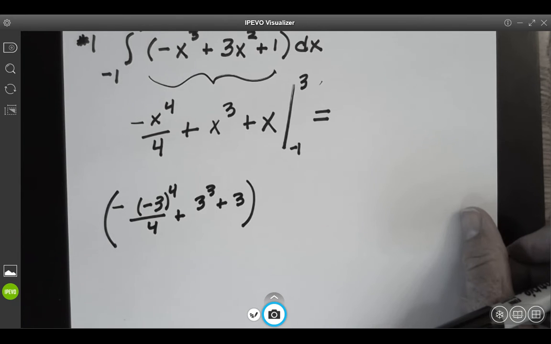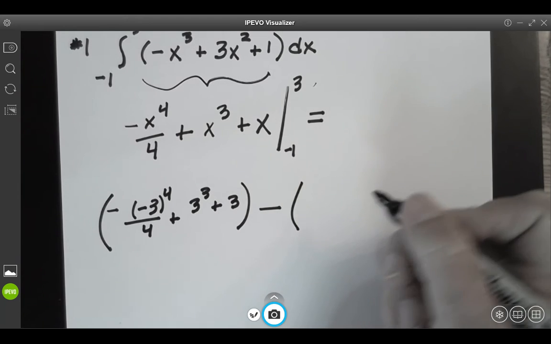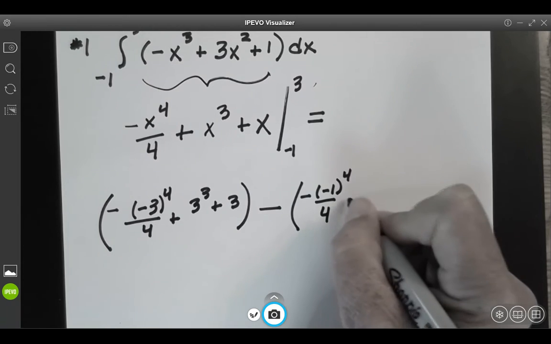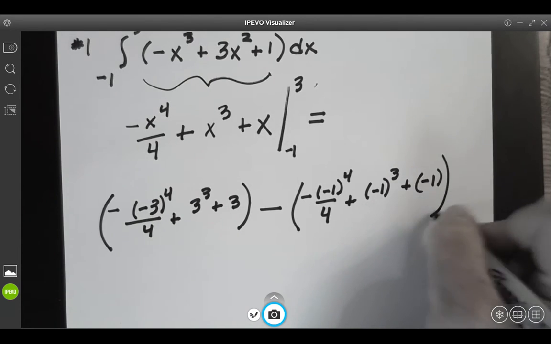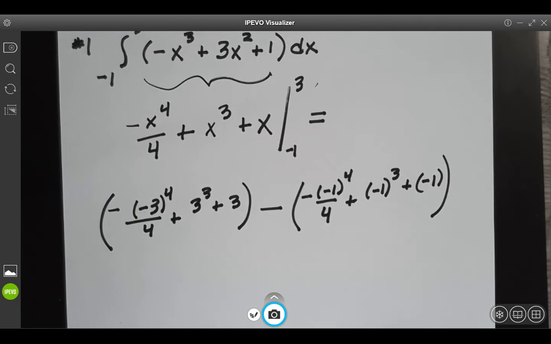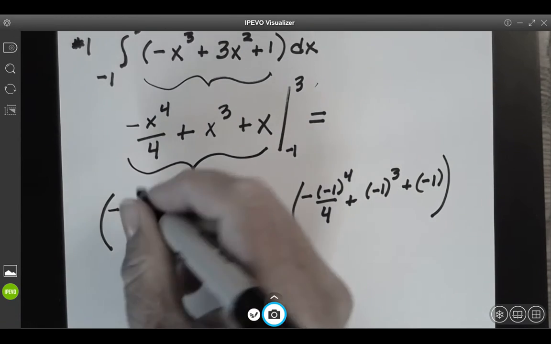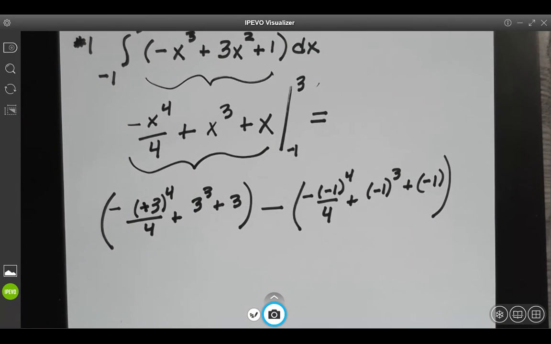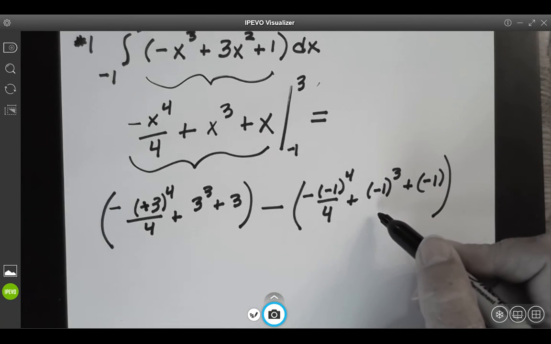That was just plugging 3 in, minus, and now you're going to put -1 in. That's basically what the fundamental theorem of calculus is. I took my antiderivative, first I plugged 3 in. Sorry, I don't know why I put negative there. You're going to put 3 in, not -3, sorry. And then you're going to plug -1 in here.